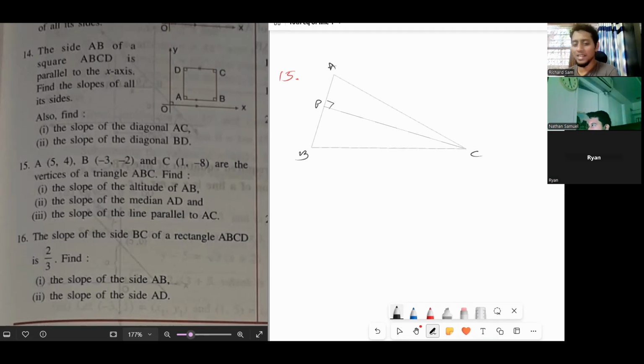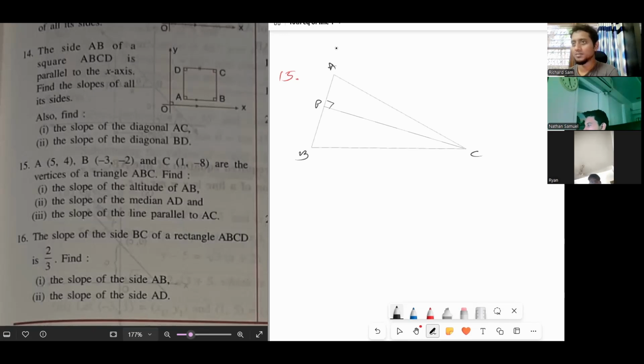What we know is that this line PC is perpendicular to AB, and you have to find the slope of PC. I'll say it once again. You cannot find P. The only thing you know is that PC is perpendicular to AB.